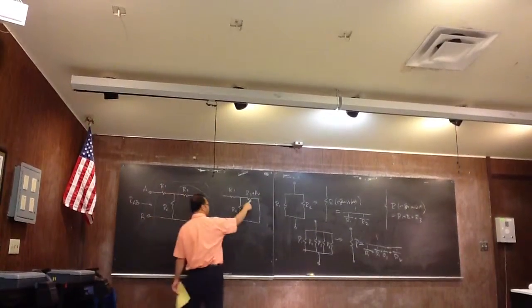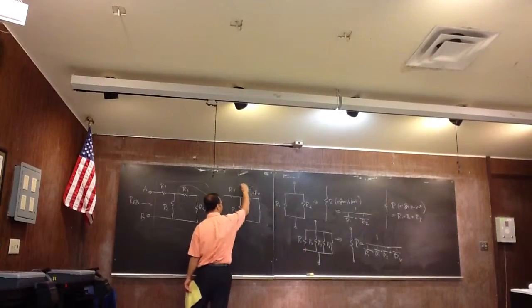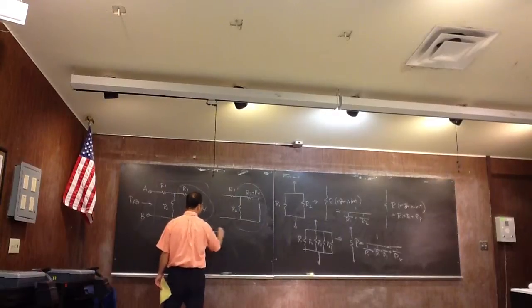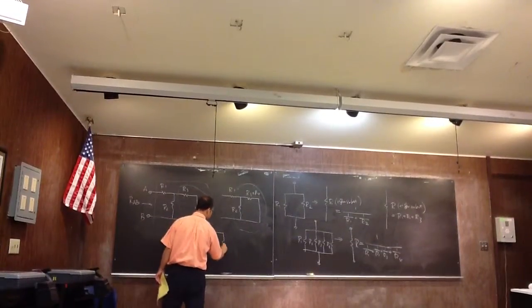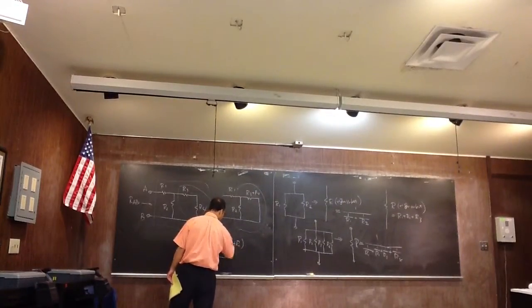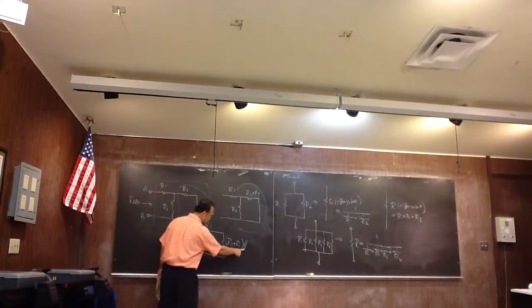Then these two are in parallel. So therefore you have R3 plus R4 in parallel with R2. That's the symbol of parallel.